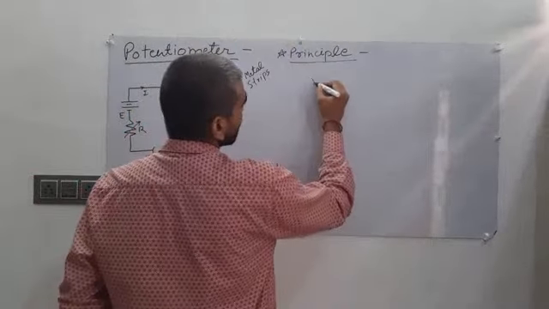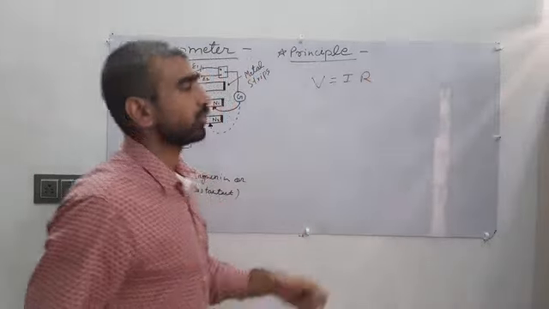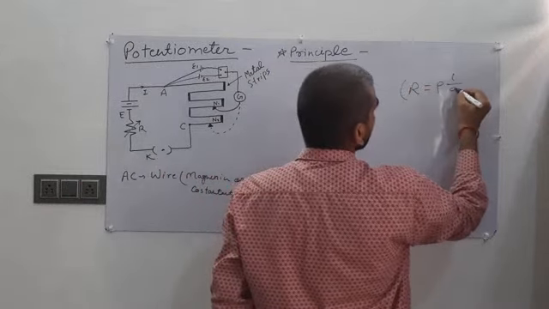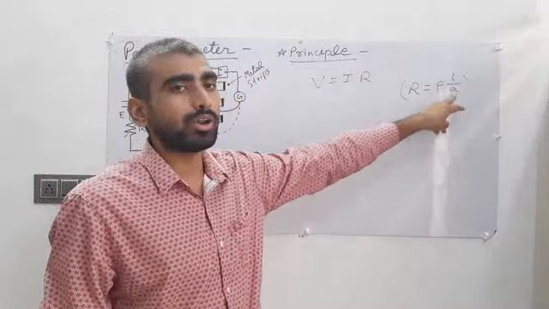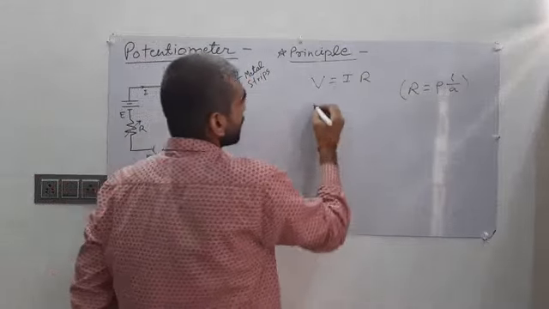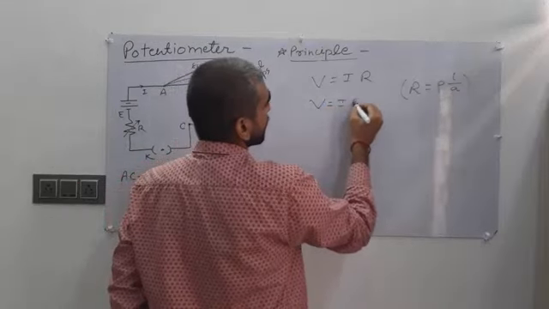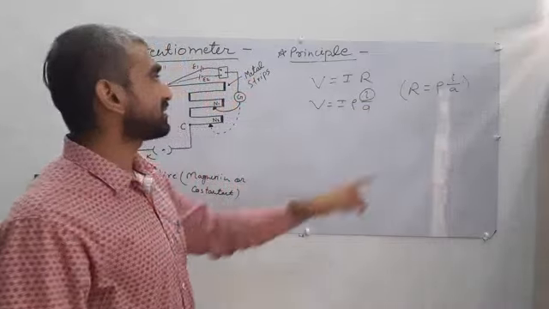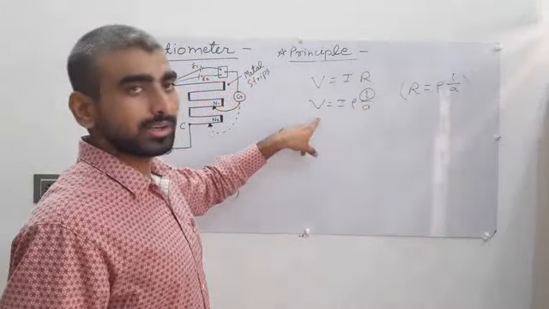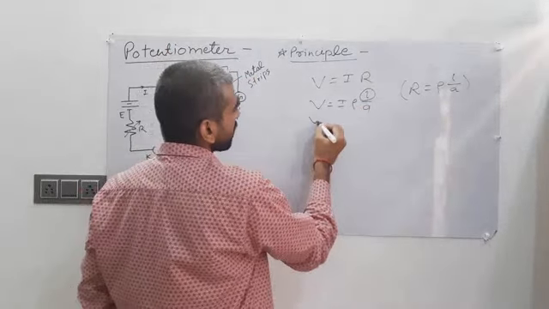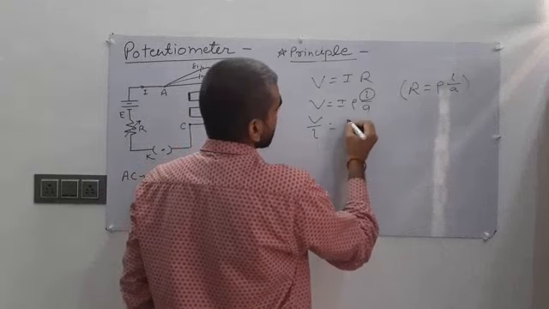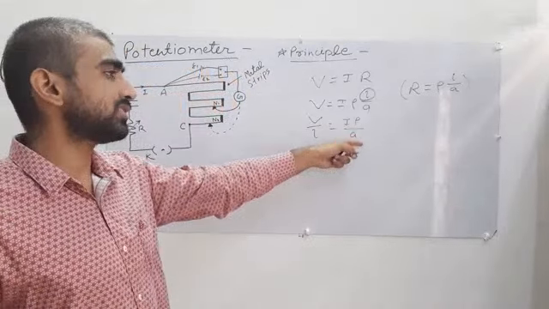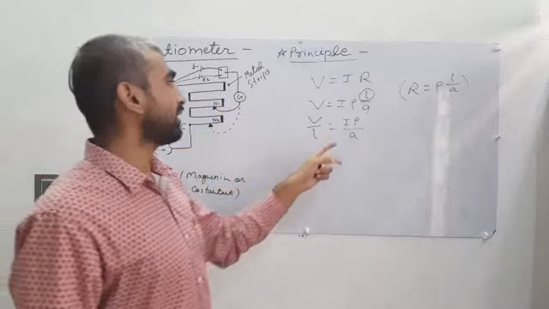We know that V equals I R. Now, the value of R is rho L upon A. If we put this value in this equation, then V equals I rho L by A. Now I take L to the denominator on the LHS, so V upon L equals I rho upon A. Here A is the cross section area, which is uniform throughout the wire, and I is the current.